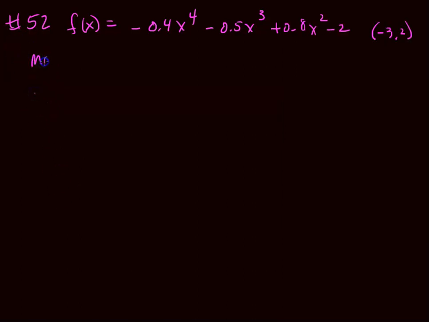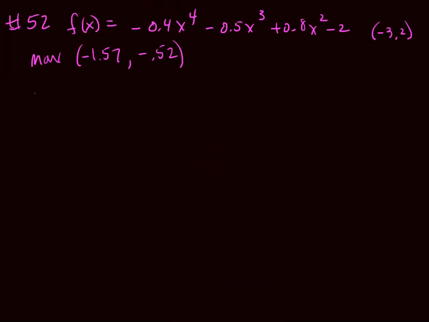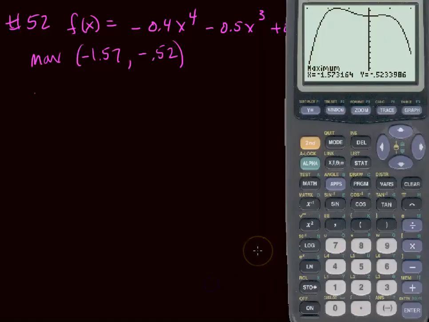Now it's going to disappear for a second. So this is a max. -1.57 and -0.52. Is it negative or positive? Let's bring that back up and take a quick look at it again. There we go.